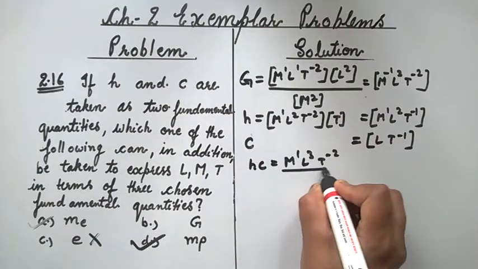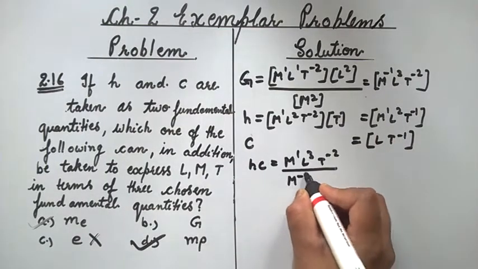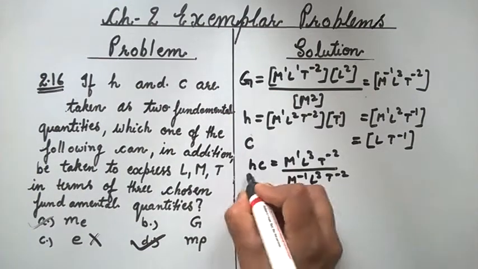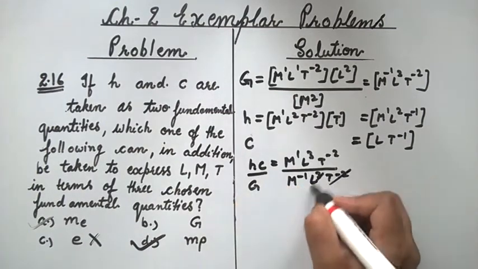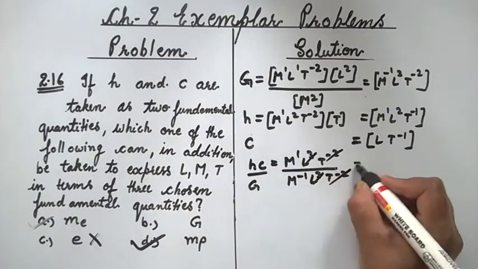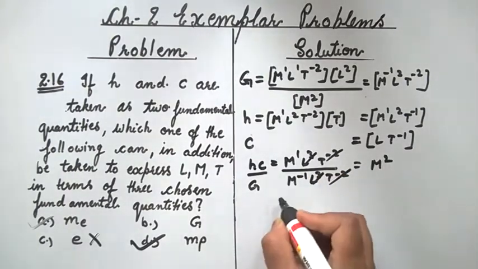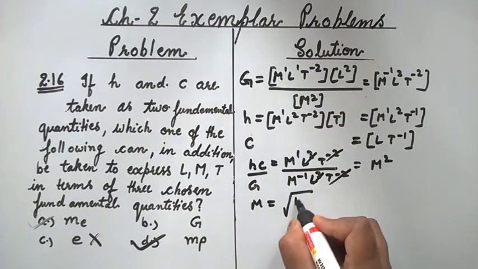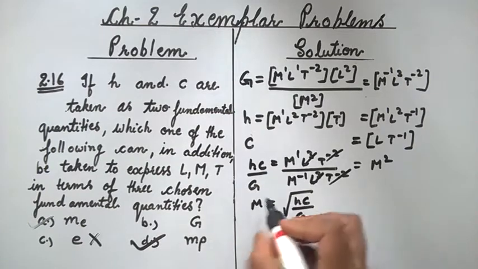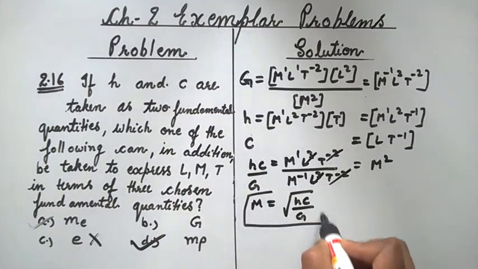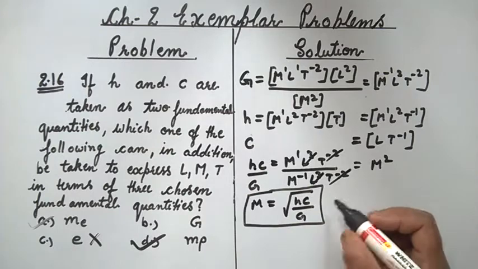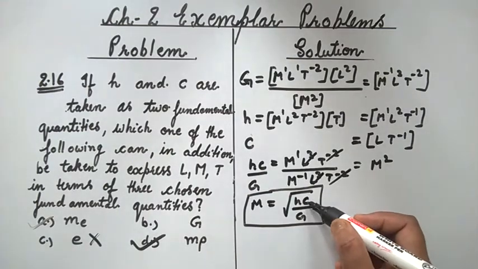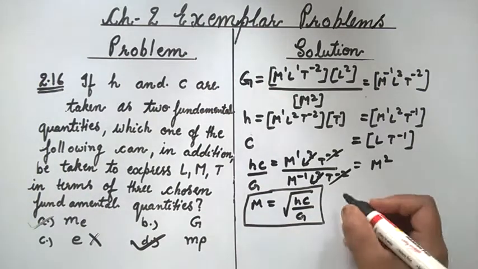So if we divide by this term, we get m2. Thus m is equal to root hc by G. So we can express mass in terms of gravitational constant, Planck's constant, and speed of light.